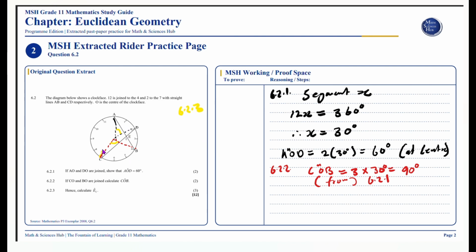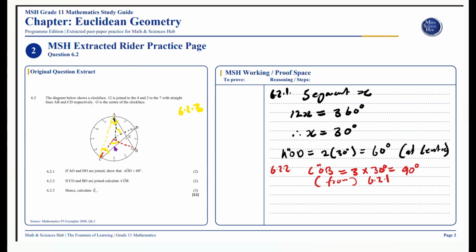If we join this line over here, that is going to help us determine angle E1. Because angle E1 here is the exterior angle of this triangle CEA. So we need to determine this angle here and that angle over there. If we determine these two angles, then we'll find angle E1.